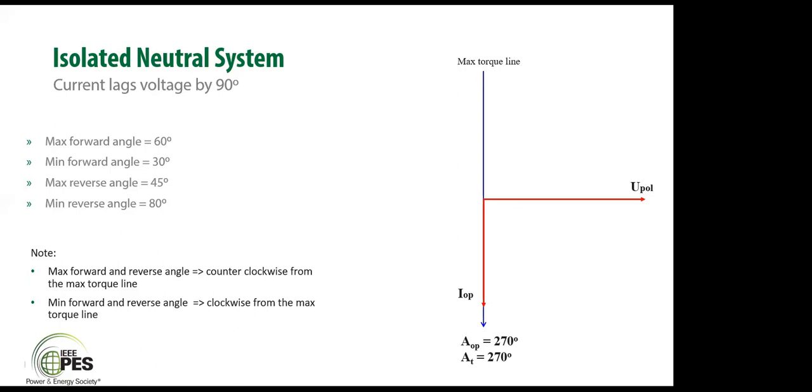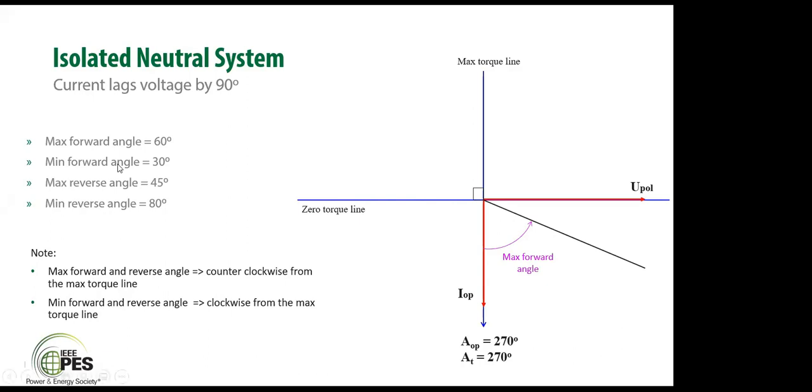So once we have the maximum torque line, then we have to go back to the note again. So the maximum forward line is counterclockwise from the maximum torque line. So maximum forward angle is given 60 degree, counterclockwise 60 degree from the maximum torque line. What we have got is the maximum forward angle.